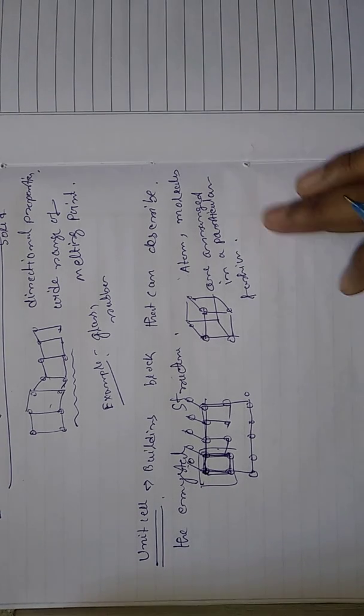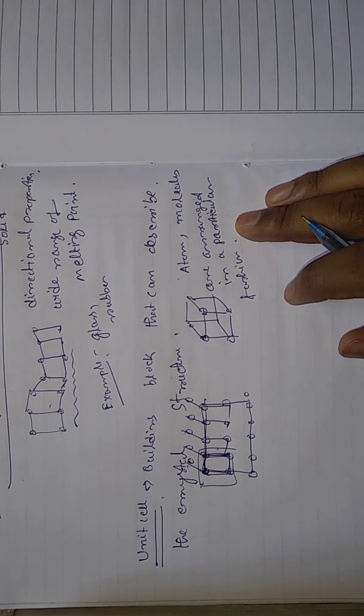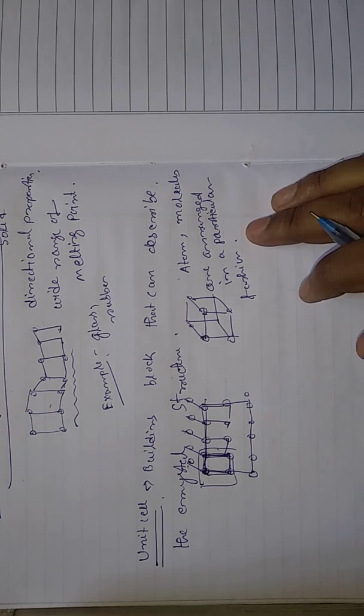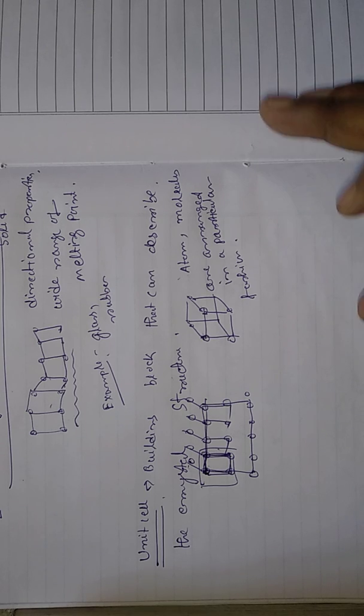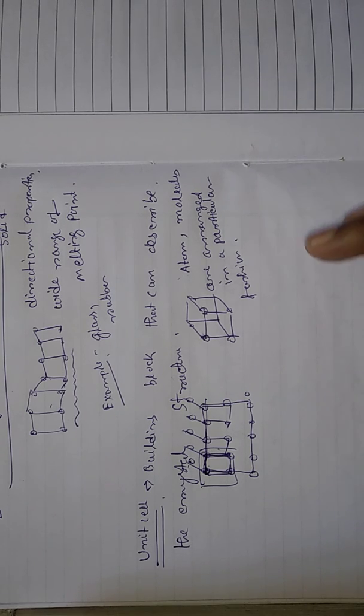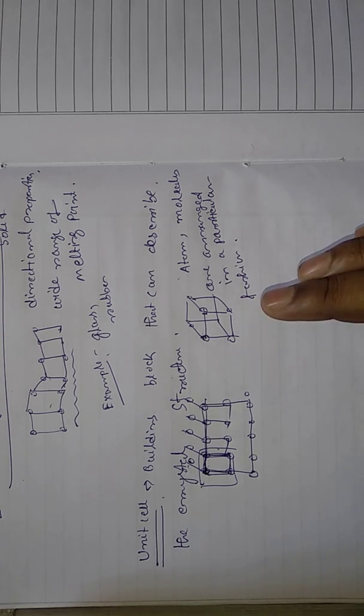These atoms and molecules are assumed to extend to infinity in all three axes, because it is a cell that can fill up the whole crystal structure, and this structure is maintained throughout the crystal. That's why it is called a unit cell.